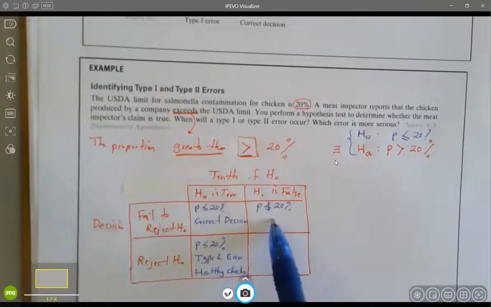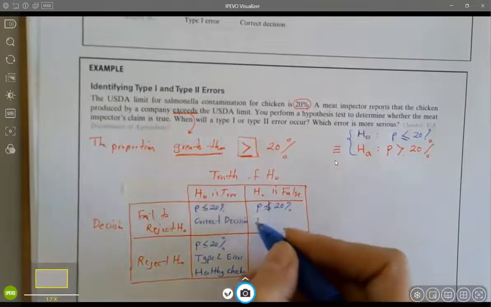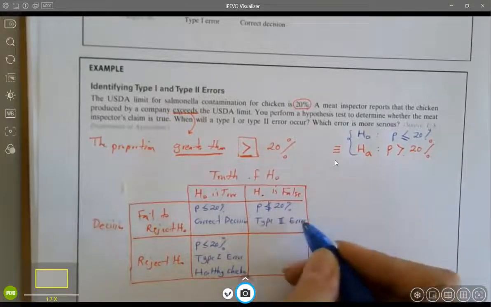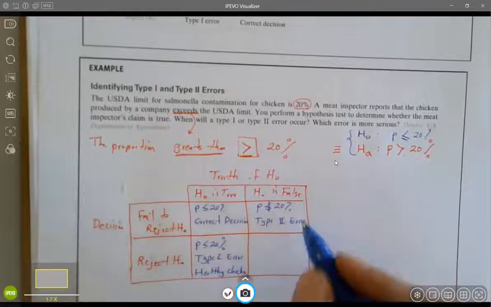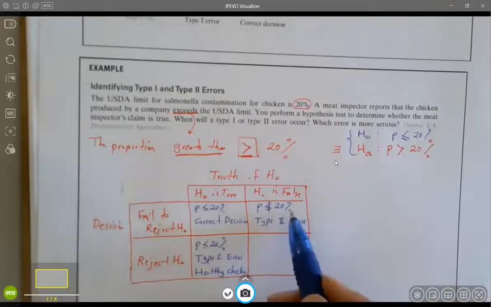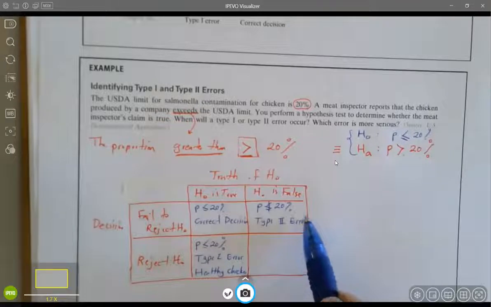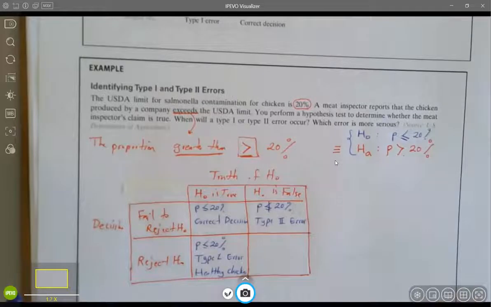You didn't reject the chicken. It is type 2 error. This error is serious because you have a sick chicken and then you decide that, hey, it's a healthy chicken. So it might get into the market and people get sick. So this is serious.